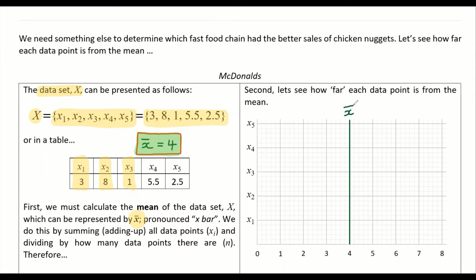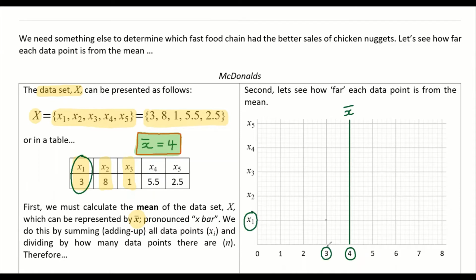That's my mean, which is of course 4. And we're going to see how far away each data point is from the mean. So let's go back to our table and look at the first data point, which was X1. Well, X1 has a value of 3.